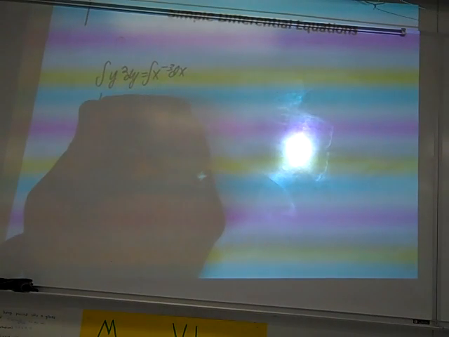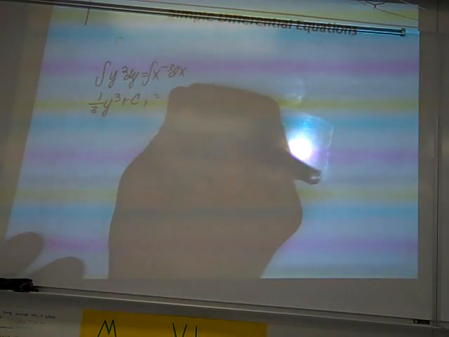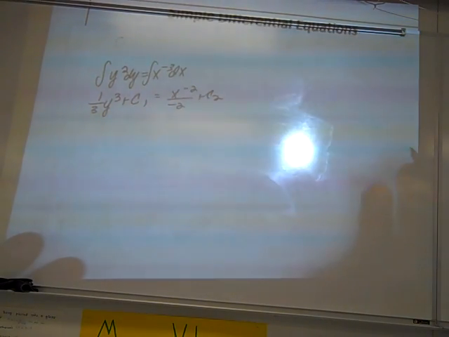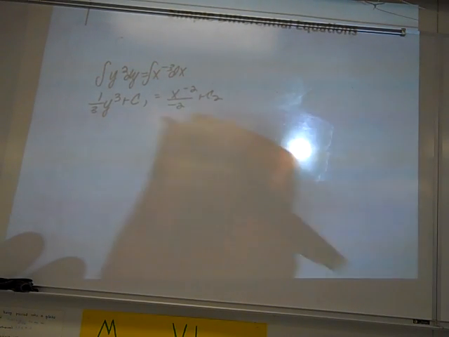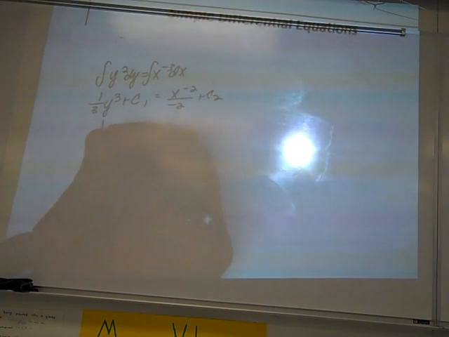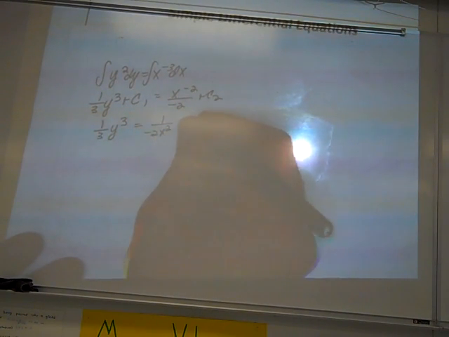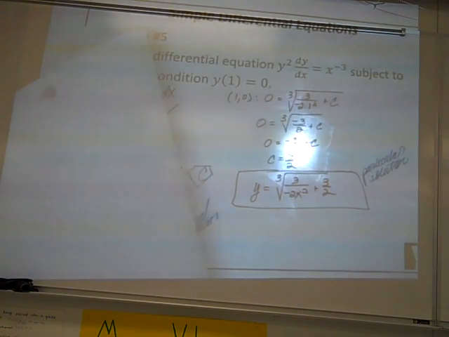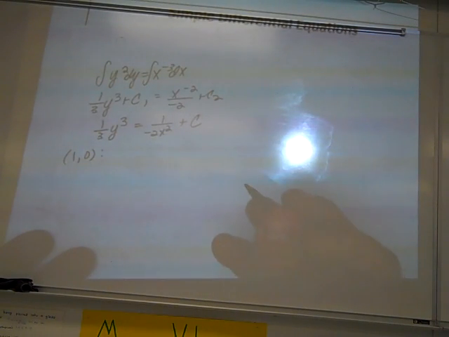We get 1/3 y cubed plus c1 equals x to the negative 2 over negative 2 plus c2. I've got that pesky constant showing up on both sides, so I'm going to get rid of that, and I'm just going to leave it as 1/3 y cubed equals 1 over negative 2x squared plus Charlie. The point that I was given, we were told that it passes through the point 1, 0.